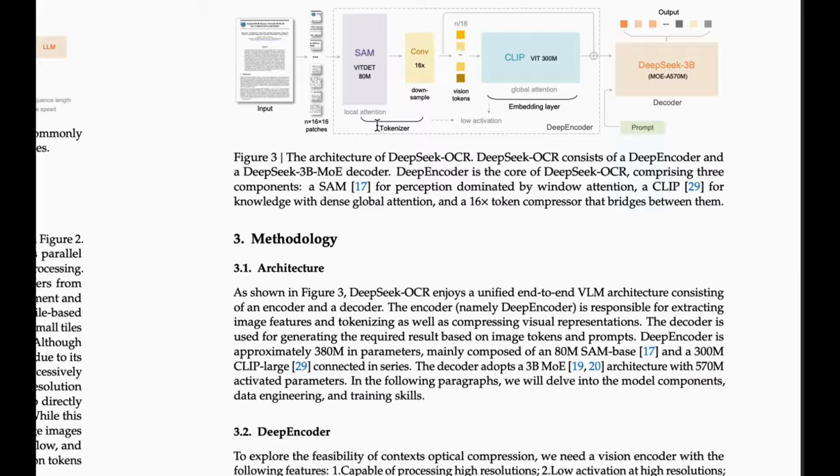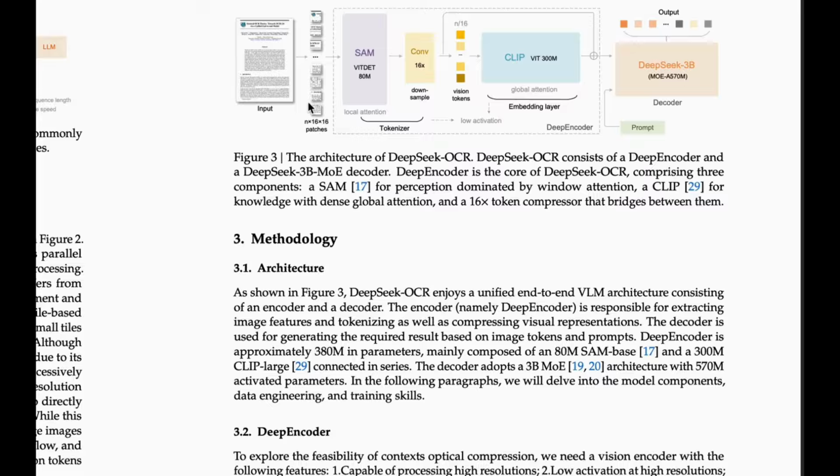Let me point you to the very first stage, where it takes your 1024 by 1024 image and breaks it down into 64 by 64, which constitutes around 4,096 patches.